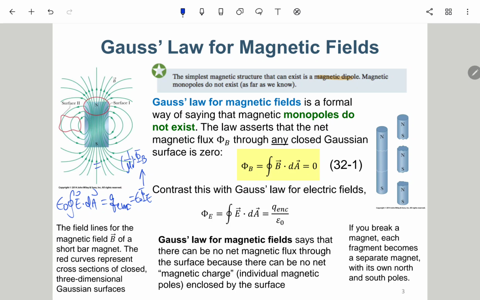In that case, this side will be 1 over mu naught times the integration of B dot dA. You may feel like, oh, we don't have this 1 over mu naught here because this is zero. Mu naught is not zero.